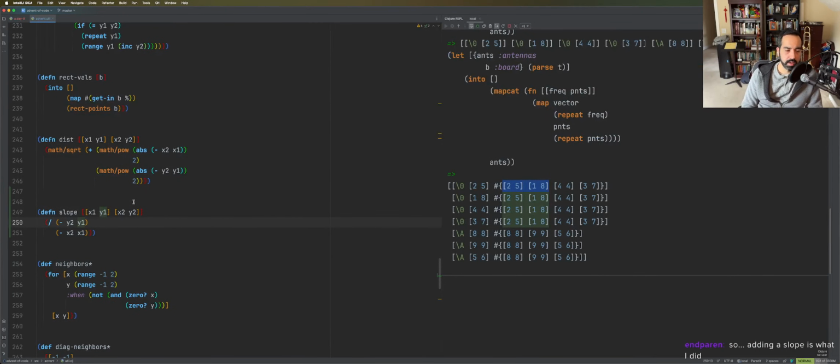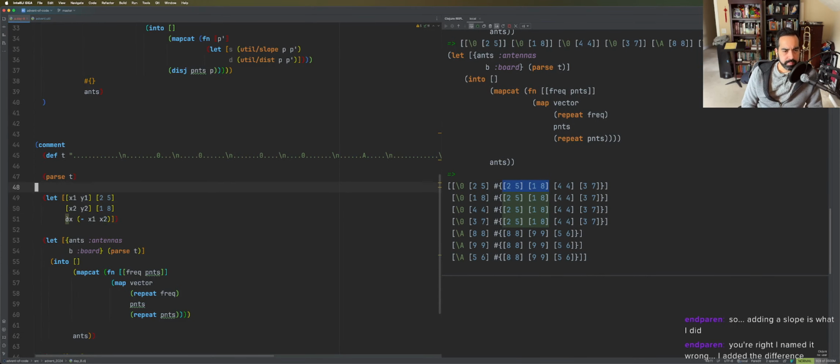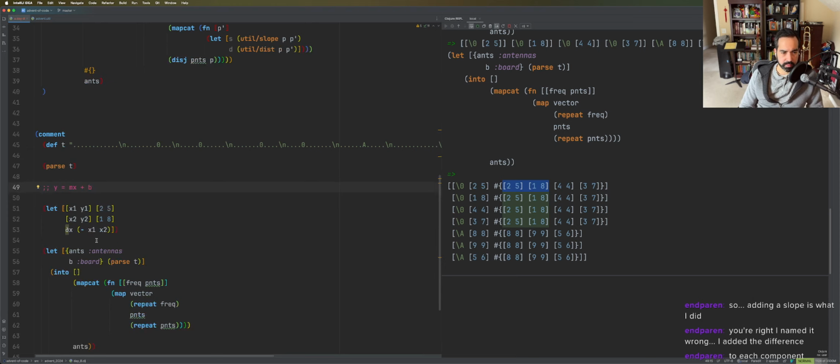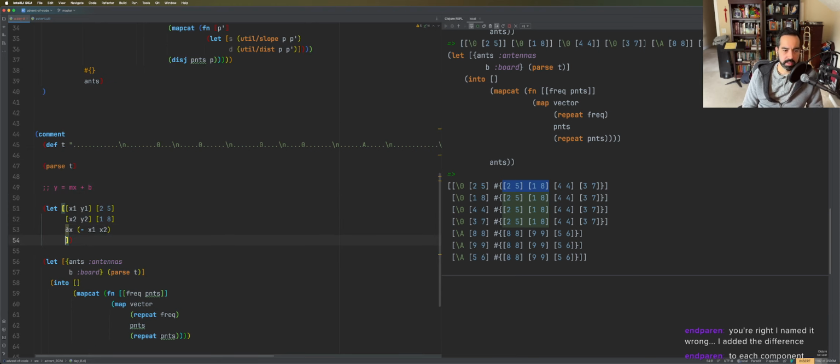So, what do we have? Y equals mx plus b, right? You're right, I named it wrong. I added the difference. Right, yeah, no, that's kind of the direction I was going. Okay. Right.